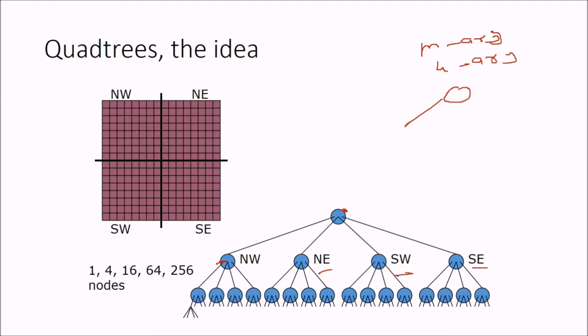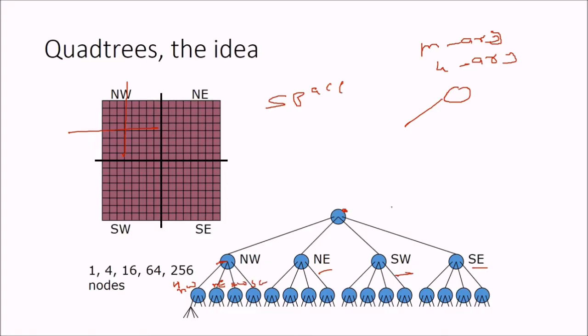These are the 4, because we are talking about space partition. That is why we give them the names NW, NE, SW, SE. Now again, this NW can be divided into 4 subchildren. Likewise, this can be NW, the first one, the other can be NE, the other SW and SE, like this.